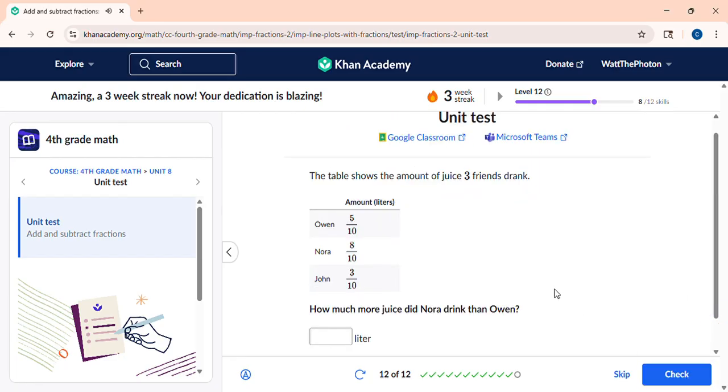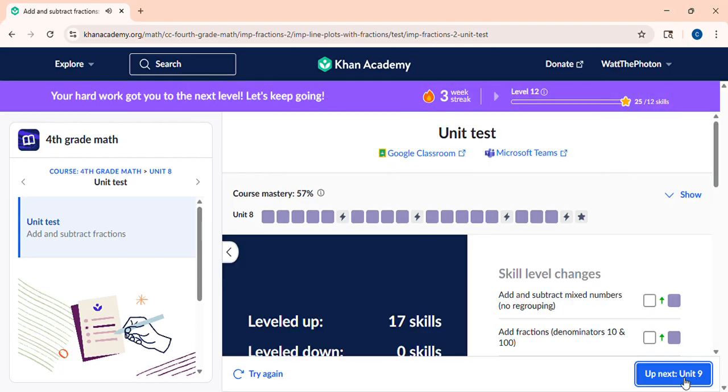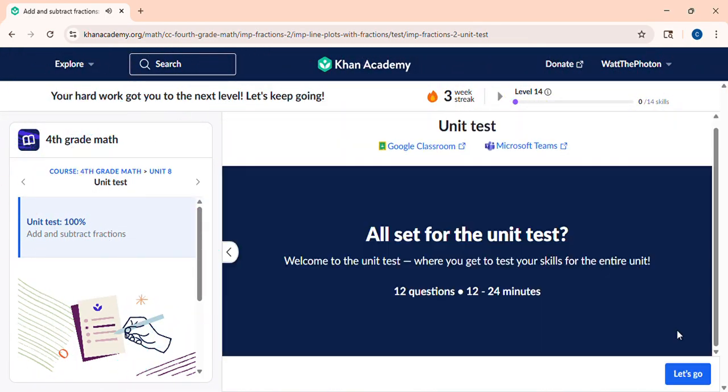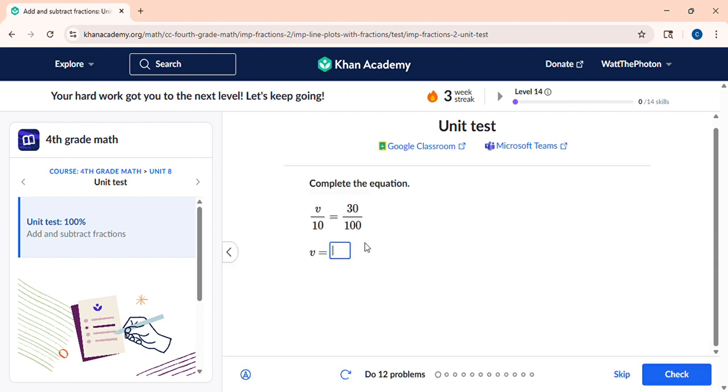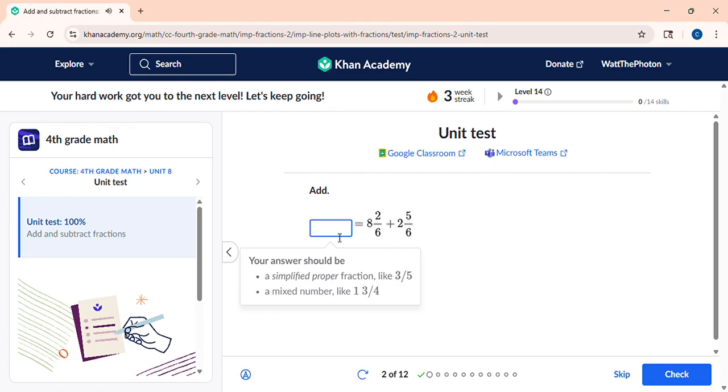There we go. How much more juice did Nora drink than Owen? 3/10 liters. Nora versus Owen. There we go. Yay! Let's try again. 3, 10, 11, 1 6.